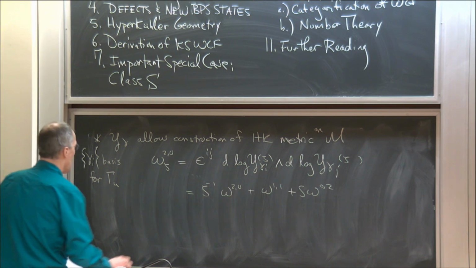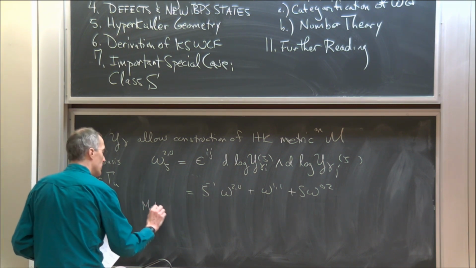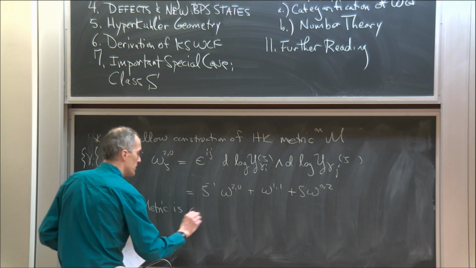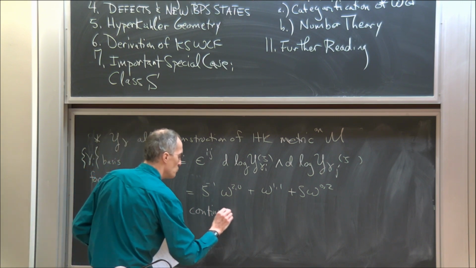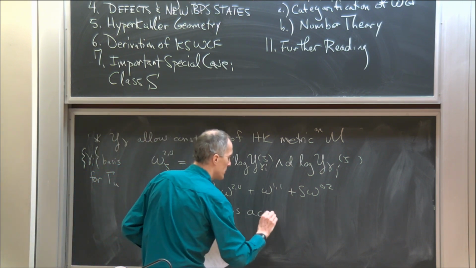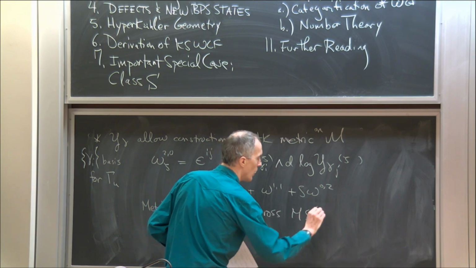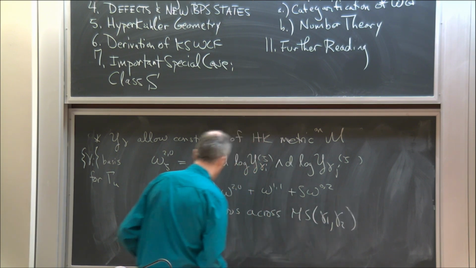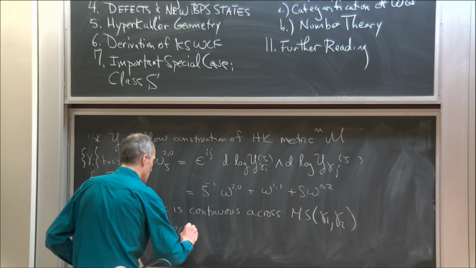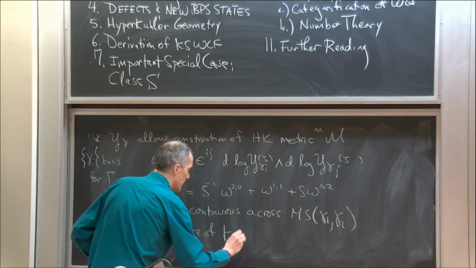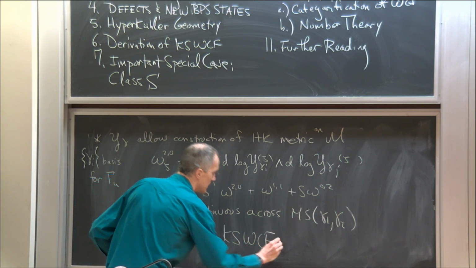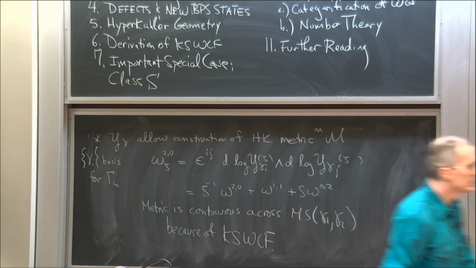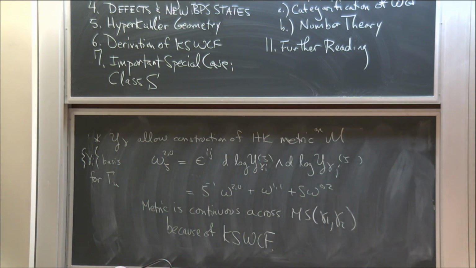And then the metric is continuous across the marginal stability wall of gamma 1 and gamma 2 because of the Kontsevich-Soibelman wall-crossing formula. This is not the best way to think about it. This is our first derivation of the Kontsevich-Soibelman wall-crossing formula, but it's a correct derivation.